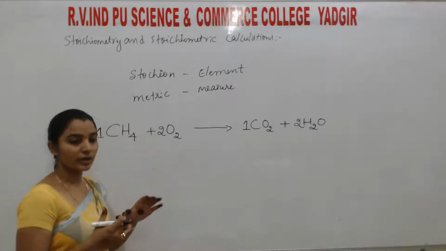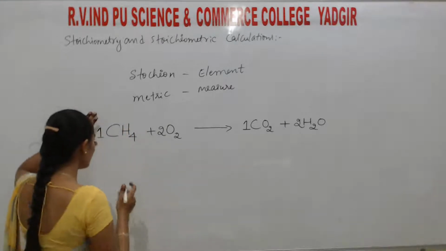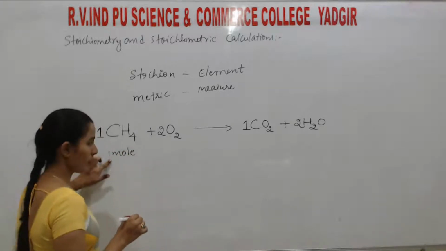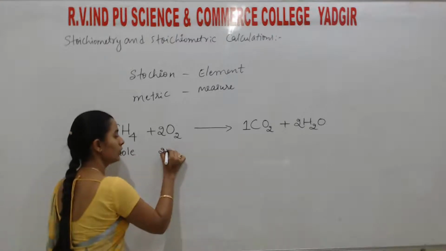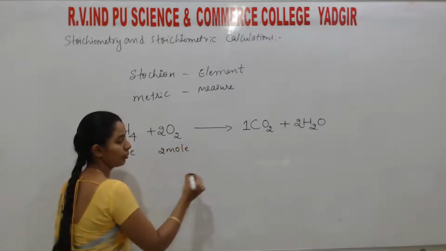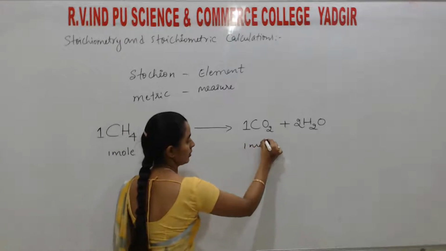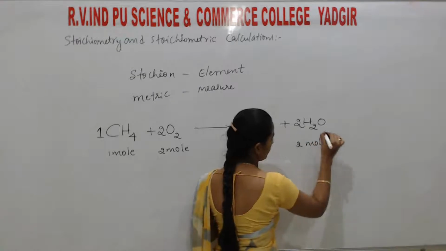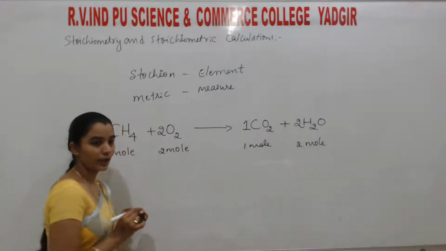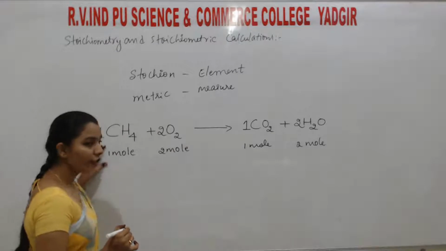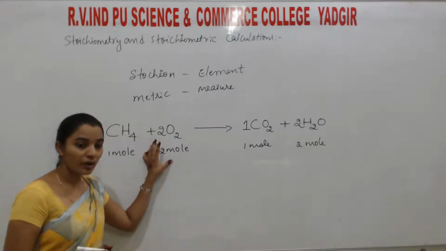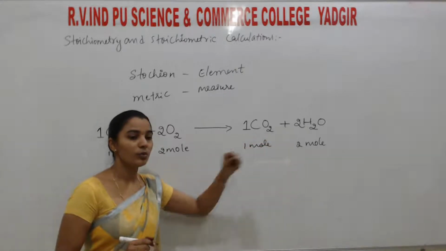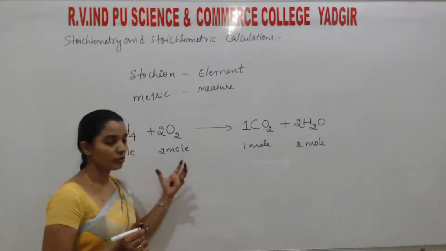So how does stoichiometry apply here? Listen, if we consider this as 1 mole, here 2 moles are required. So 1 mole of methane requires 2 moles of oxygen to produce 1 mole of carbon dioxide and 2 moles of water.